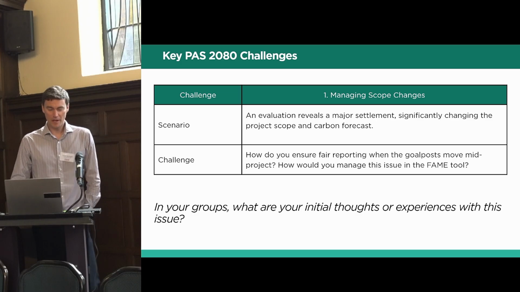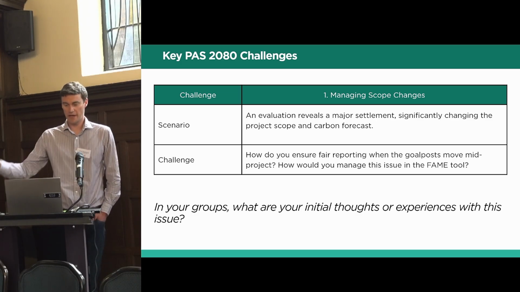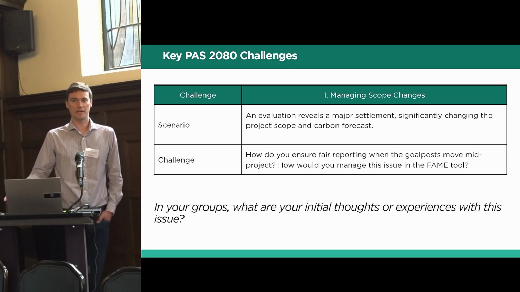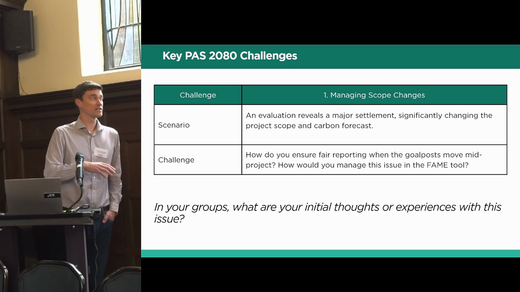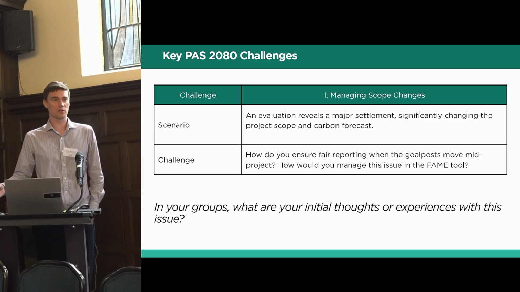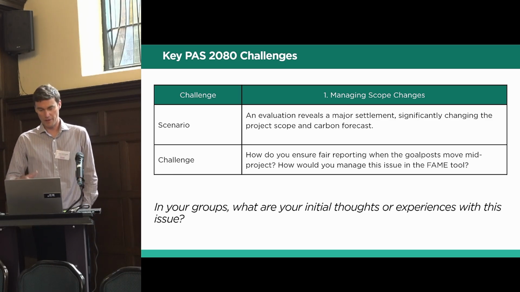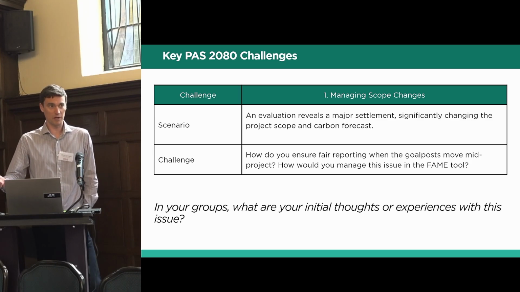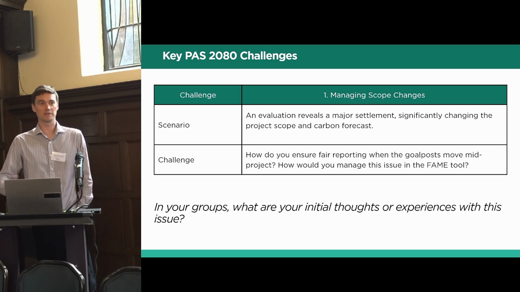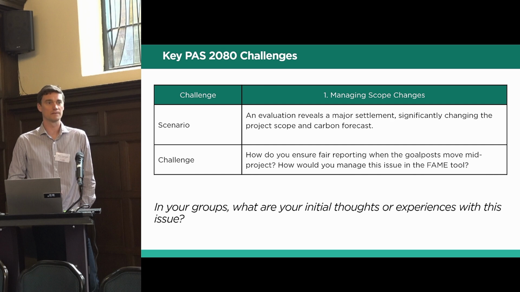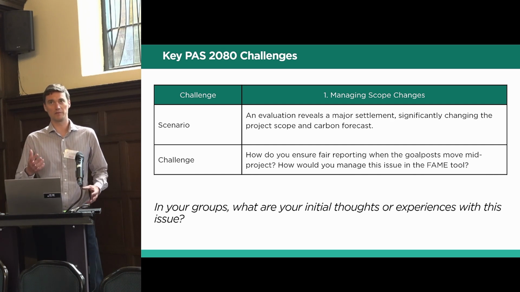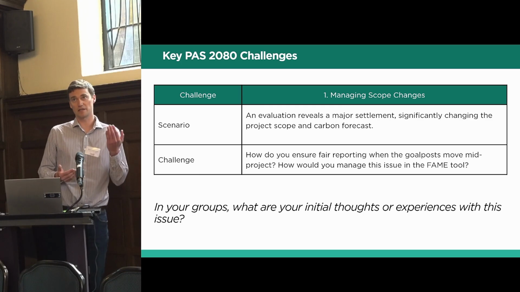So this idea that you have to forecast and then monitor your carbon footprint against it is embedded in Power 2080. But it gets to be quite a significant challenge if you've got a project that's constantly changing scope. We had it recently where something unexpected was found, and suddenly the scope of the project changes. So we need to manage that in the forecast as well, because the forecast isn't something we do once and then walk away.